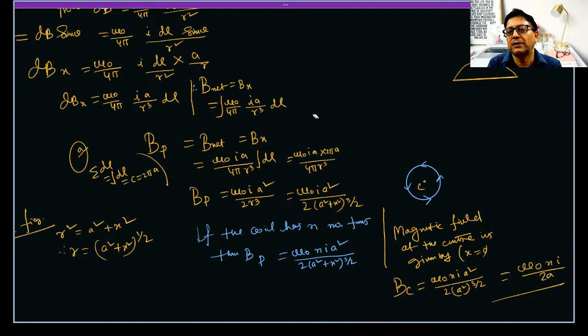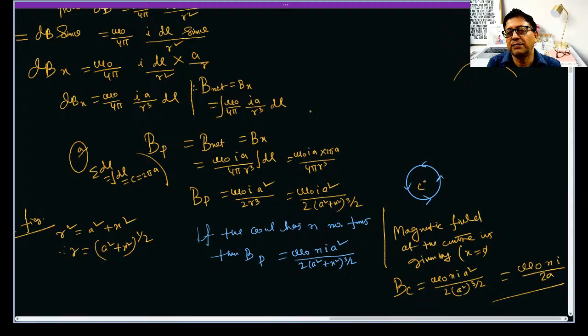You can remove this part right now because it will bring confusion otherwise. This is just center and radius of the path is R. You write the expression for magnetic field at the center of semicircular path. It is one turn only.